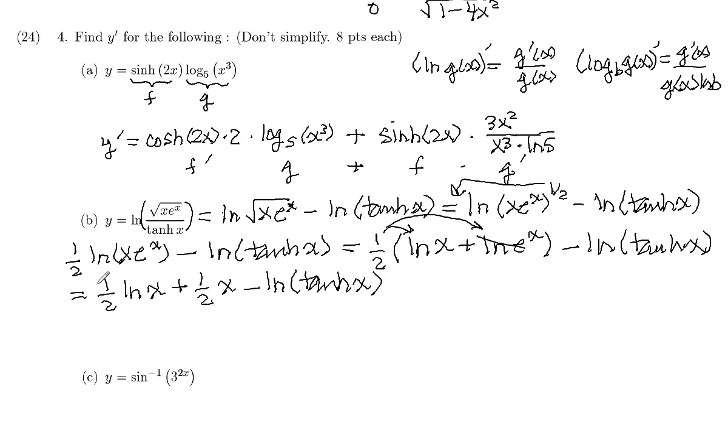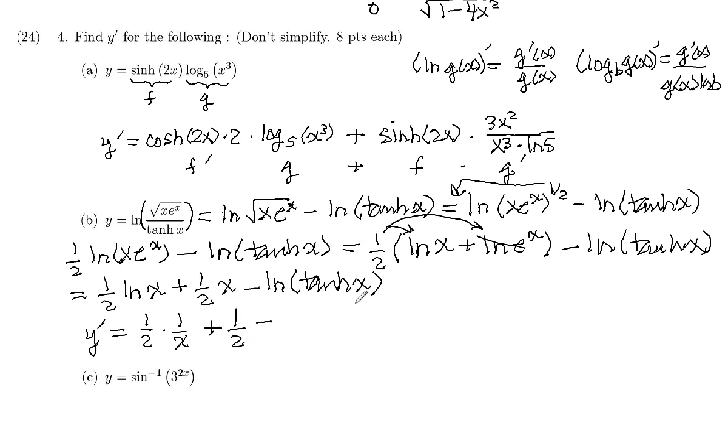So this is all still equal to our y that we started with. So then what is y prime? We'll just differentiate term by term. So the derivative of log x is 1 over x. This is going to be 1/2 times 1 over x. And derivative of 1/2 x is just 1/2, so plus 1/2.